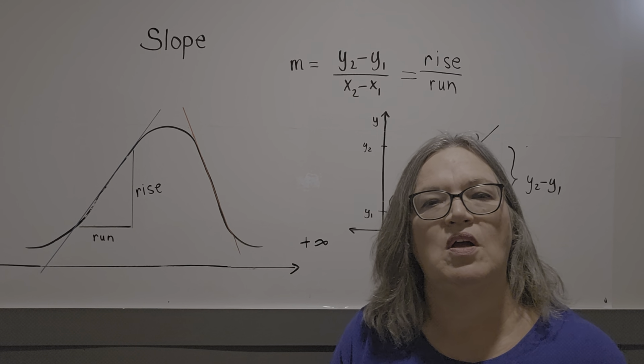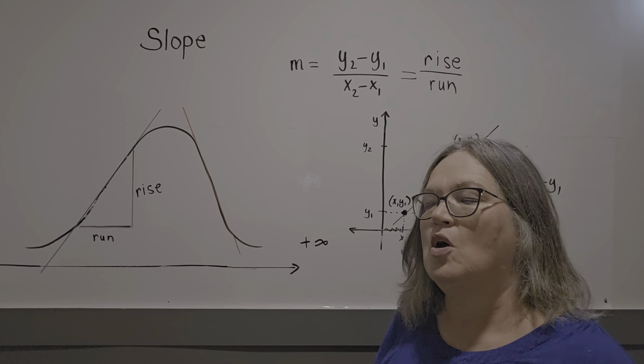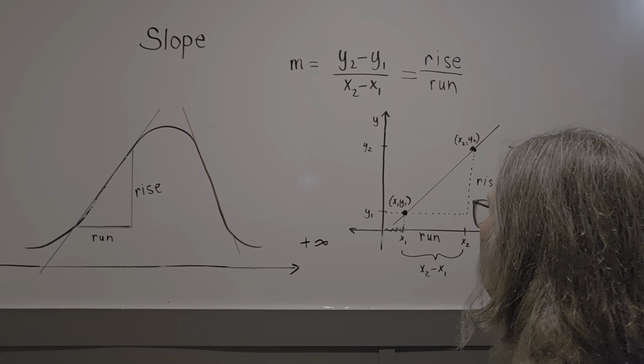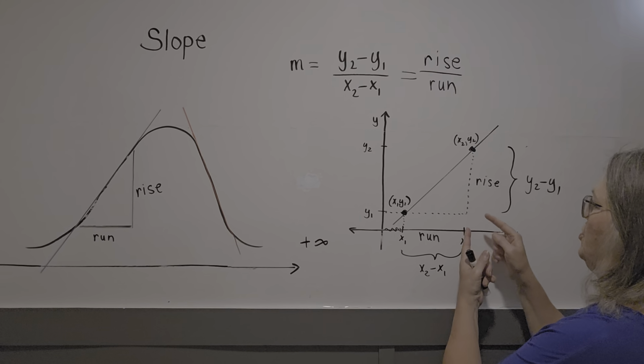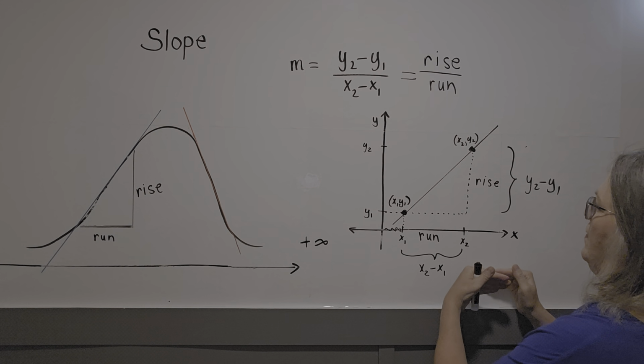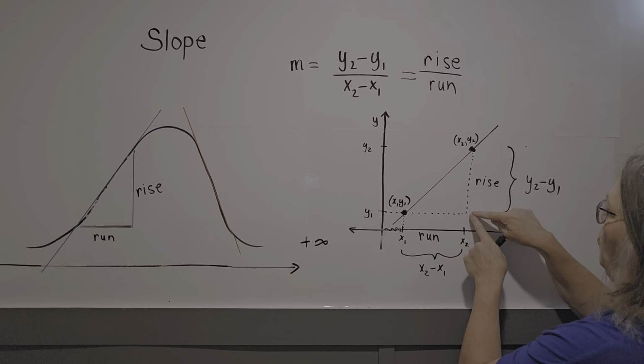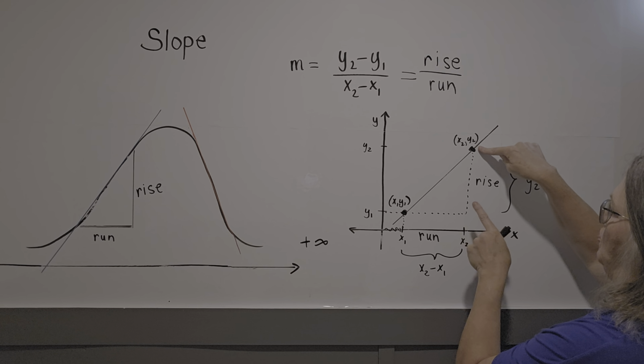So be careful with orientation. Always go from left to right when you're looking at slope, and you're calculating x1 to x2, and then always go from lower to higher. So you're traveling from y1 to y2, so you're going to take y2 minus y1.